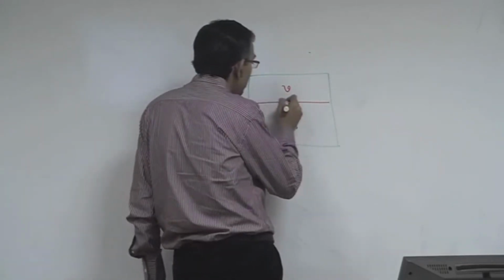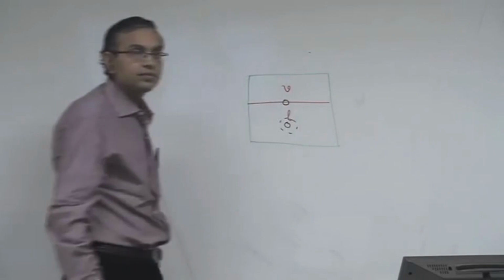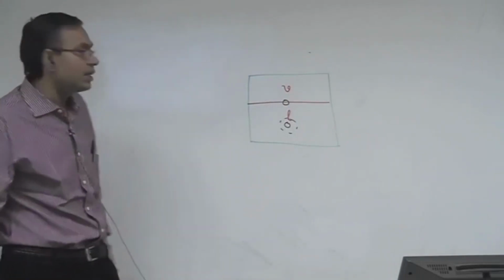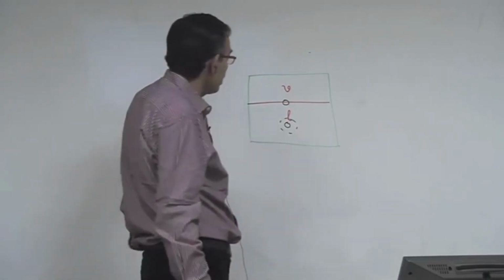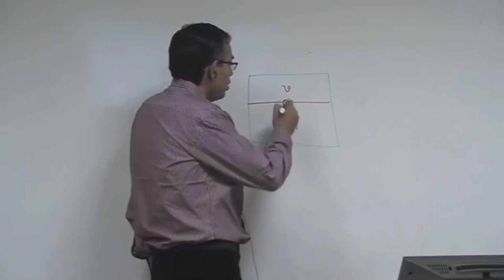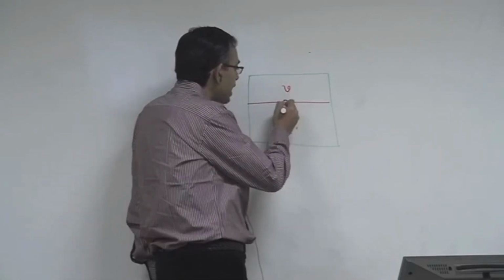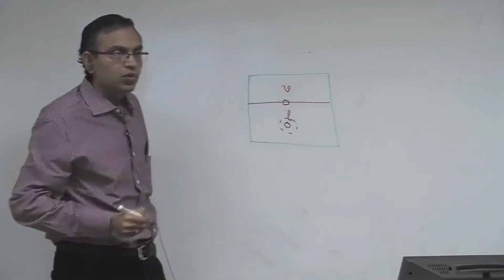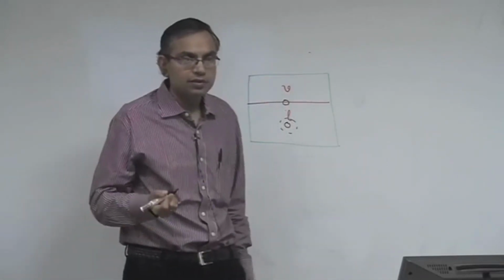However, consider a molecule on the interface. What is happening? On one side you have liquid and on another side you have vapor. Which is more dense, liquid or vapor?